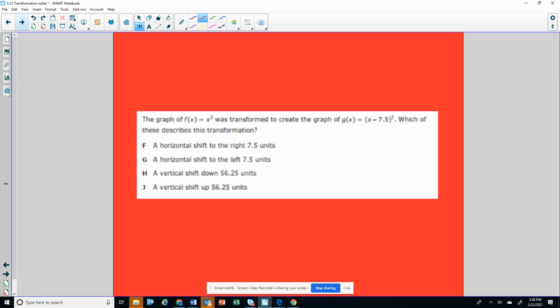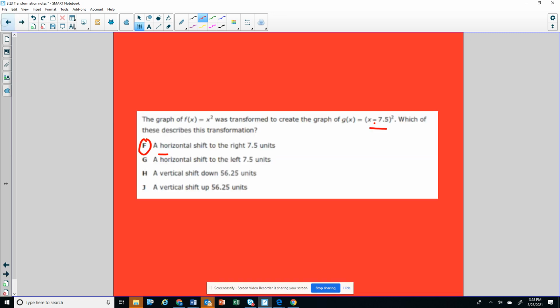Remember, x minus 7.5 squared, there's a negative sign here. That means the graph got shifted to the right. So which one is it going to be? It's F, a horizontal shift to the right 7.5 units. And I think that's the last one here.